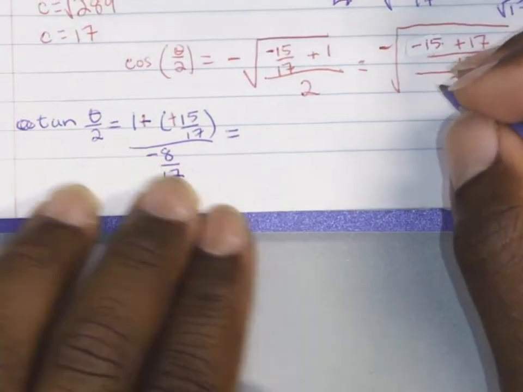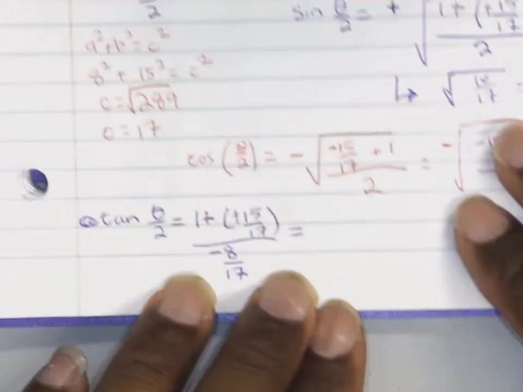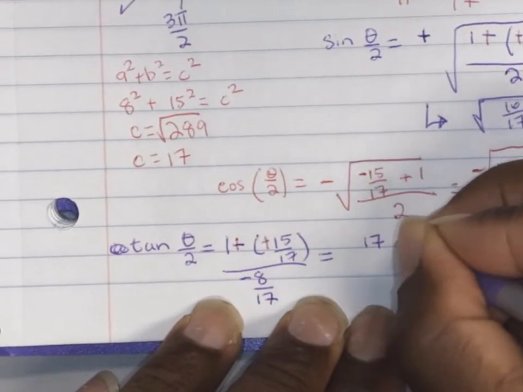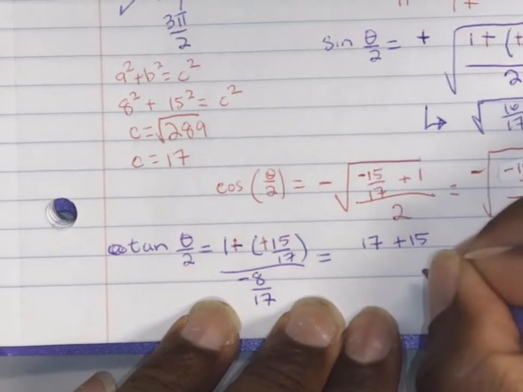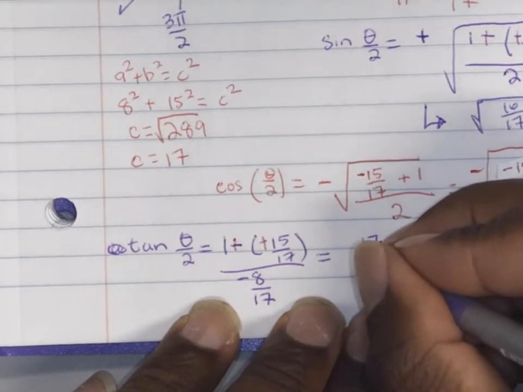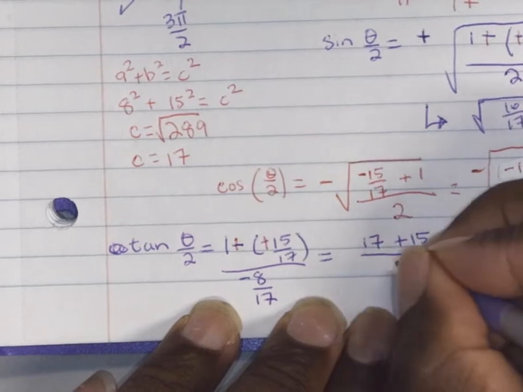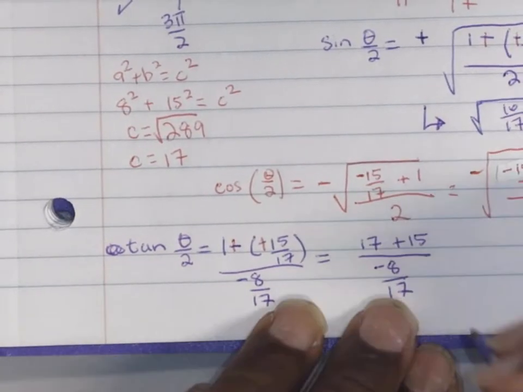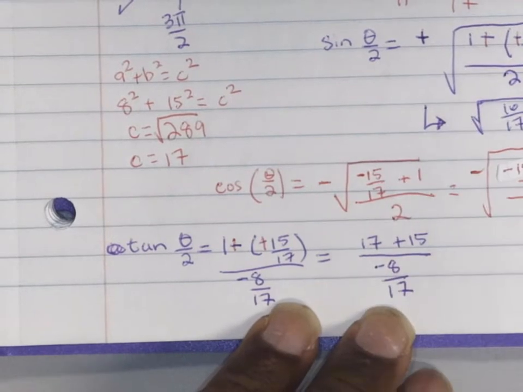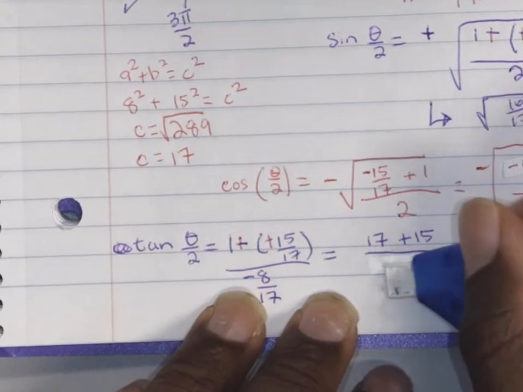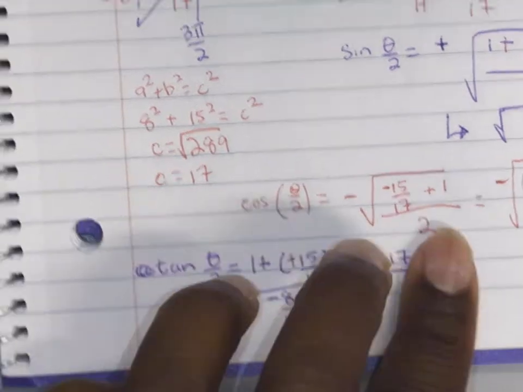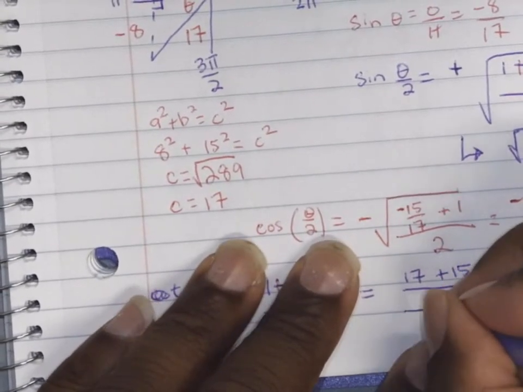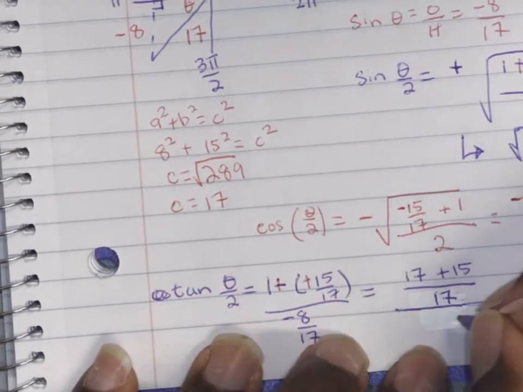So what I get is 17 plus 15 over negative 8 over 17. I'm sorry, I forgot 17, didn't I? So this is the top fraction of my numerator, so this should be over 17. And then this whole thing should be divided by negative 8 over 17.